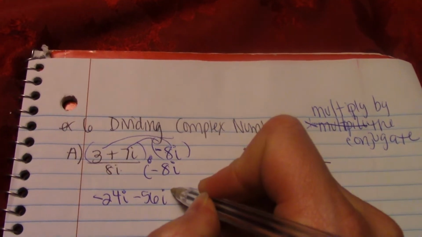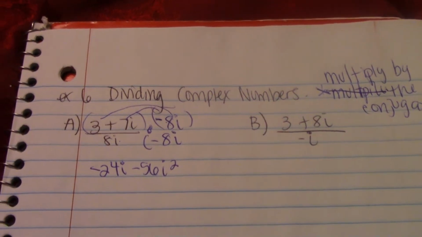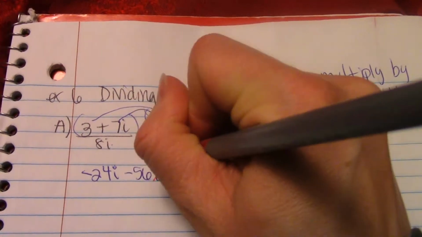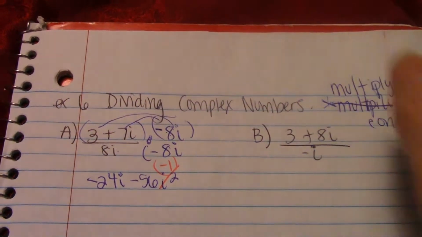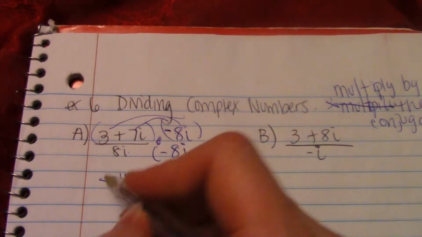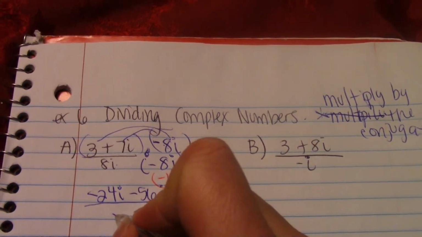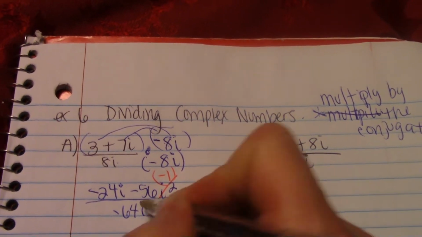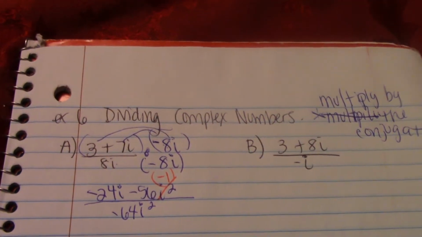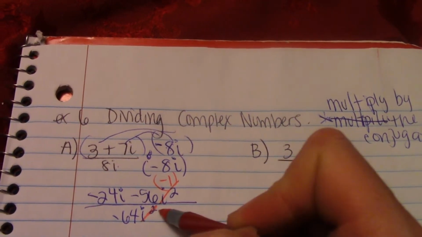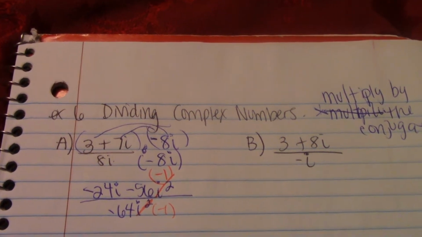And that's 2i, so i squared. Remember, i squared is just negative 1. And then we have 8 times negative 8 makes negative 64 i squared. And i squared, remember, it's just negative 1.